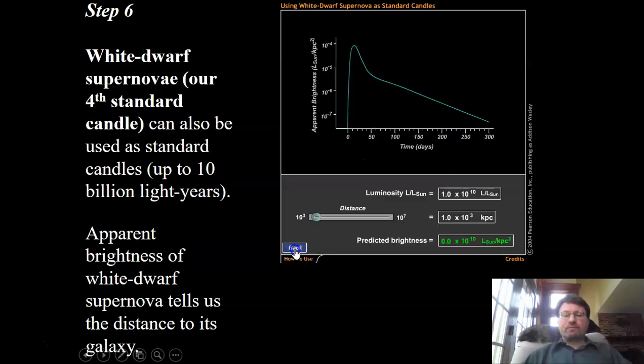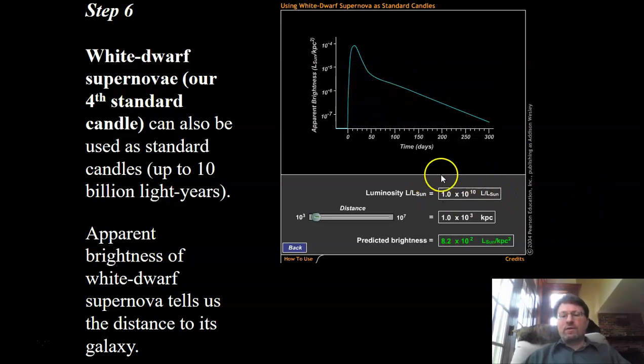And so, since all of these white dwarf supernovae occur the same way, what you can do is say, okay, well, let's say that this is the apparent brightness of a particular white dwarf supernova that was observed. It's nearly 10 to the minus 4 solar luminosities per kiloparsec squared in apparent brightness. And then it gets dimmer and dimmer and dimmer as time goes on.